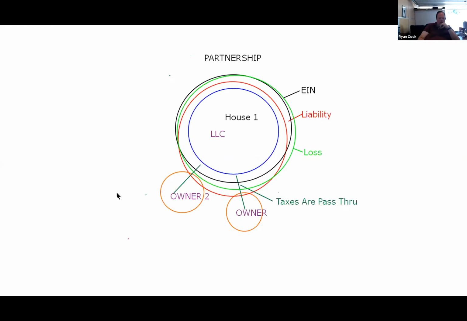Now, what are the important facts? Let's go over some facts. The first most important one is it can be for any type of business. Number two, it can be a sole proprietorship.